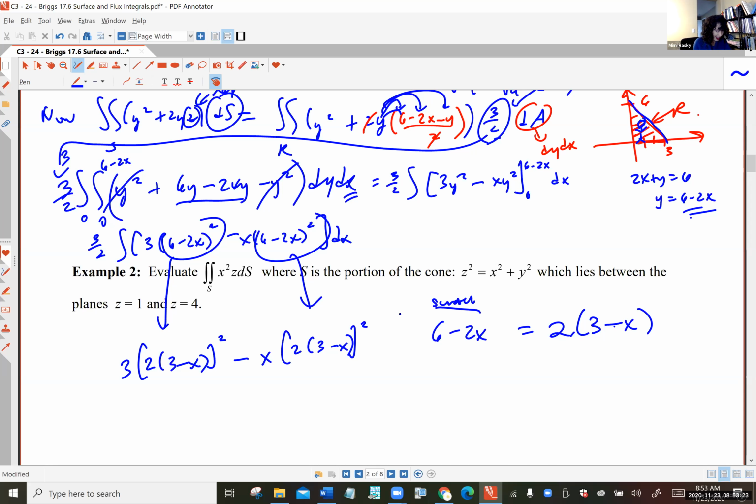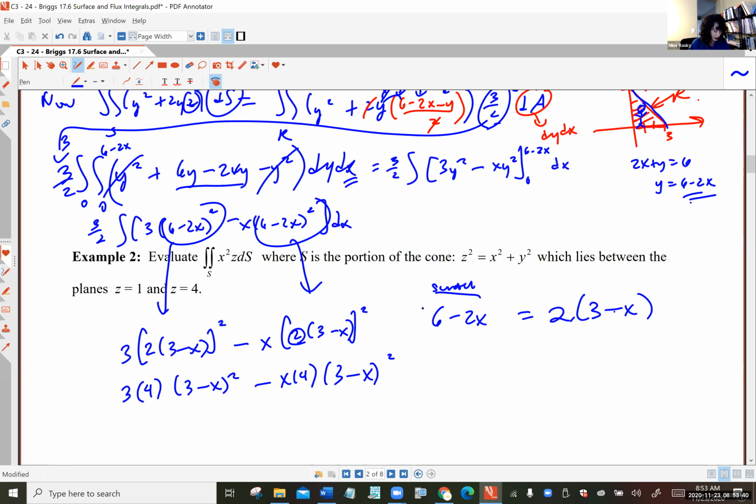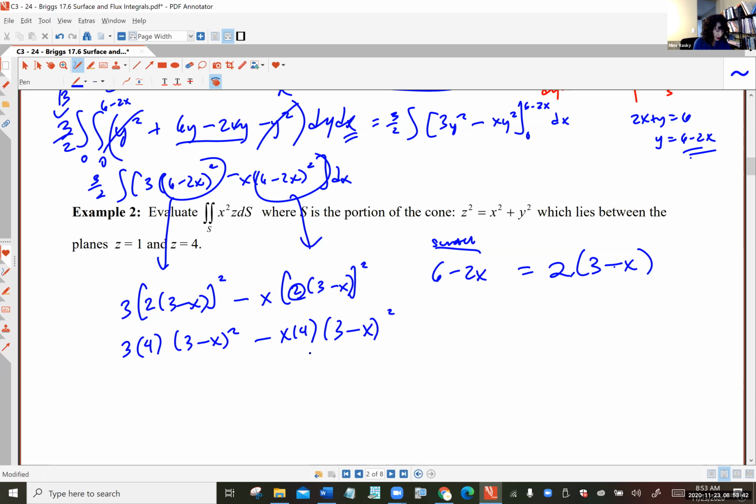Well, this is looking like 2 squared is 4, times 3 minus x squared. And then this 2 getting squared is also going to be a 4, times 3 minus x squared. And what I'm going to do, so you can kind of see what I'm up to, is first factor out a 4, like this. I could do something else quick, but I just want you to see what's going on.